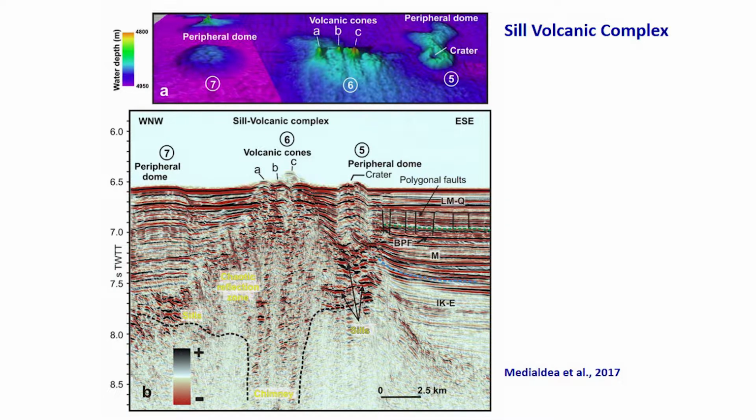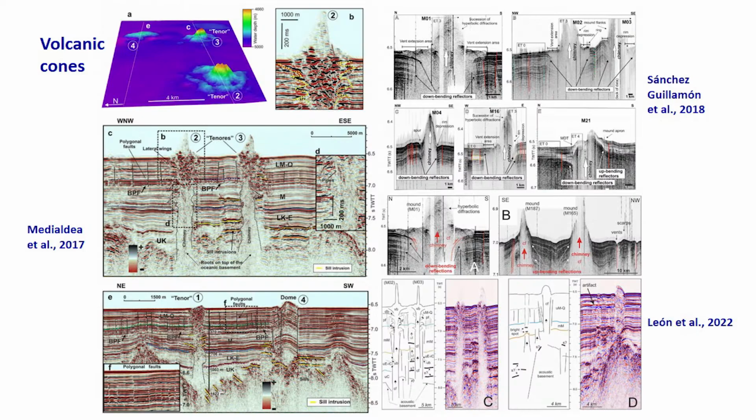The second type of mounds are volcanoes located on the seafloor, produced when sill intrusions cross all the sedimentary cover. In this case, intrusions form volcanic edifices here, over a basement height along a probable branched hydrothermal volcanic system.